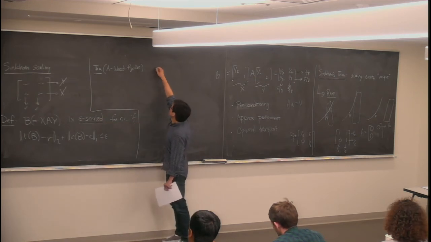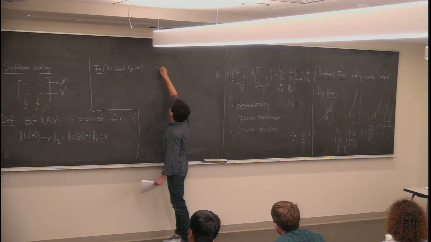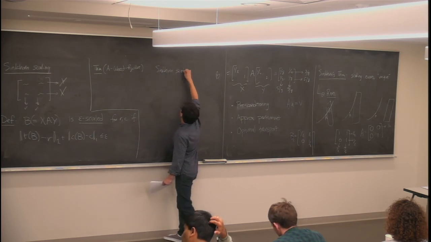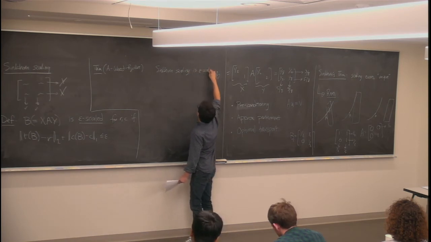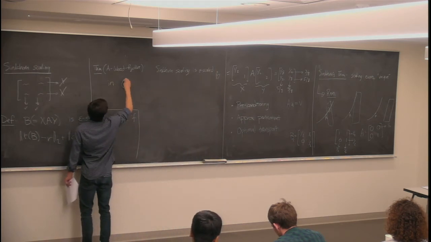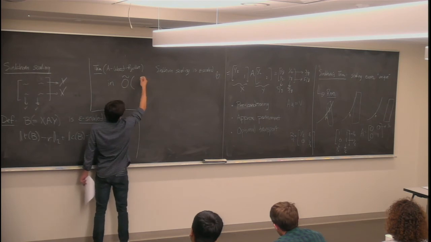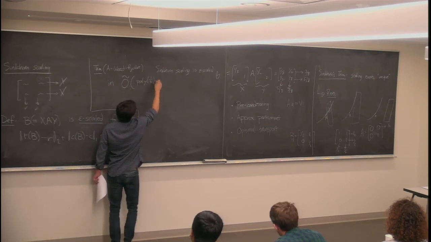In particular, Sinkhorn scaling is epsilon scaled in tilde of, all right, probably 1 over epsilon times.